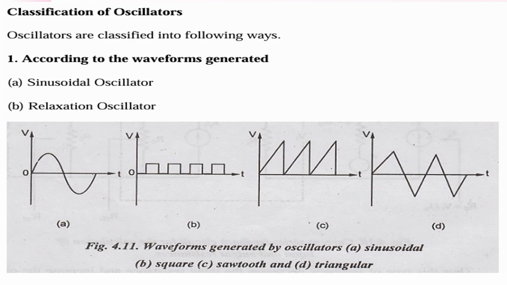If an oscillator is producing either a sinusoidal or cosine waveform, then it is called a sinusoidal oscillator. And in a relaxation oscillator, waveforms other than sinusoidal are produced. The figure shows various waveforms generated by the oscillator.